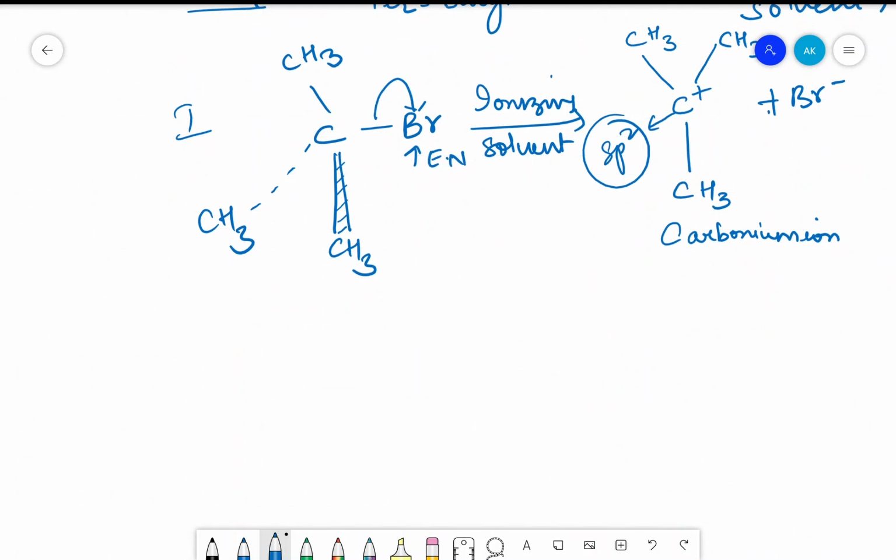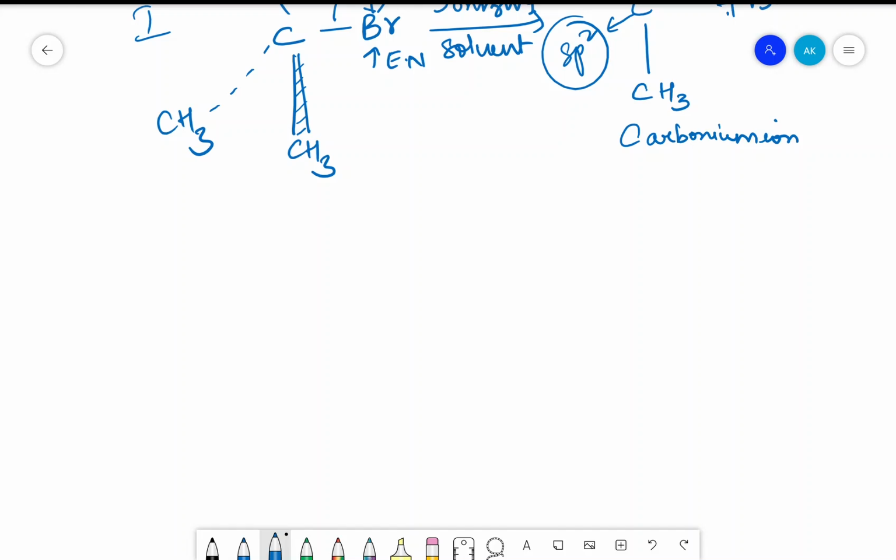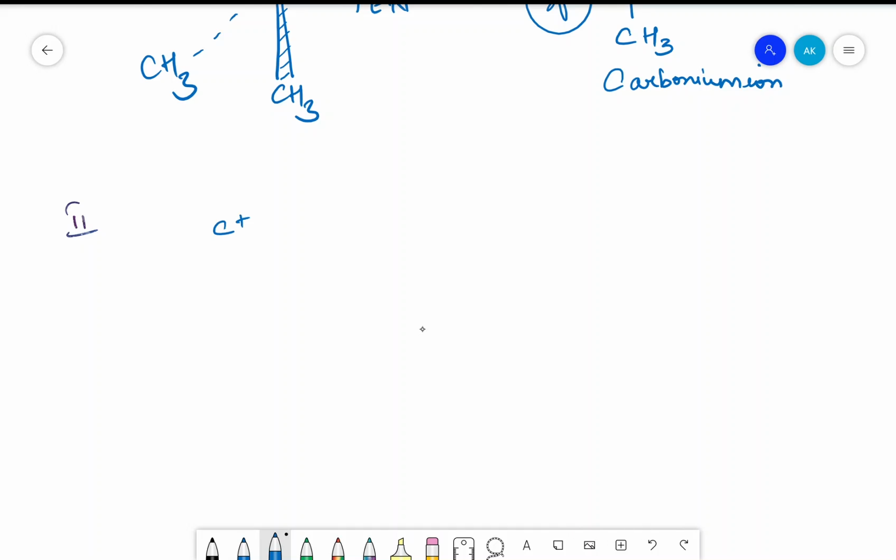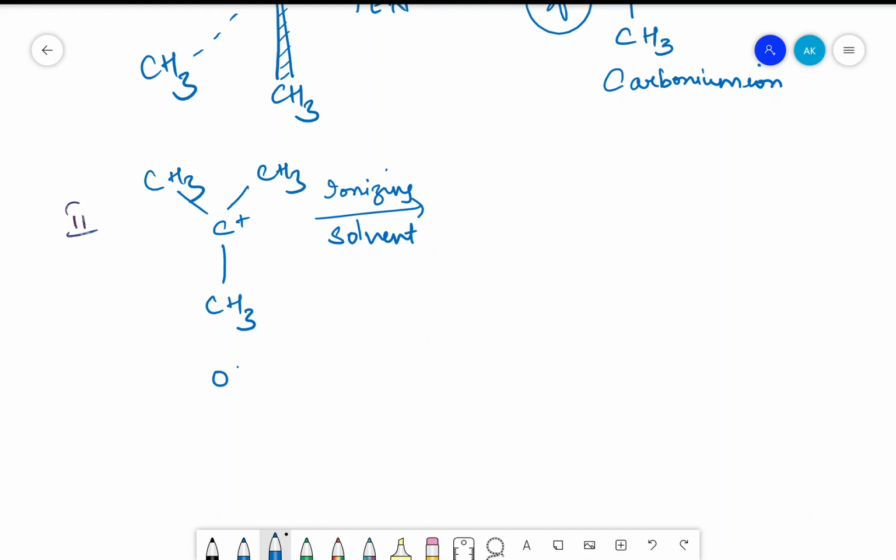The second step: the planar carbonium ion, carbon having positive charge with CH3 groups, in ionizing solvent, is attacked by the incoming nucleophile OH minus, and here it can attack either this way or this way.